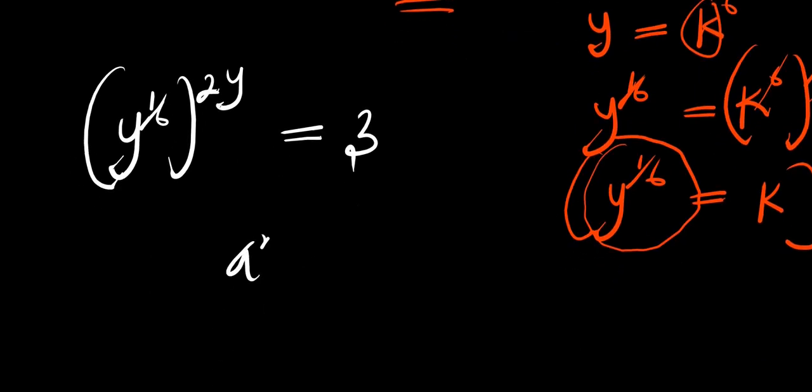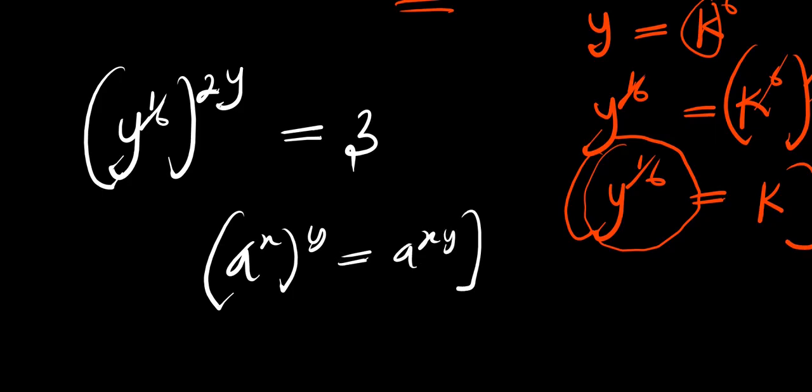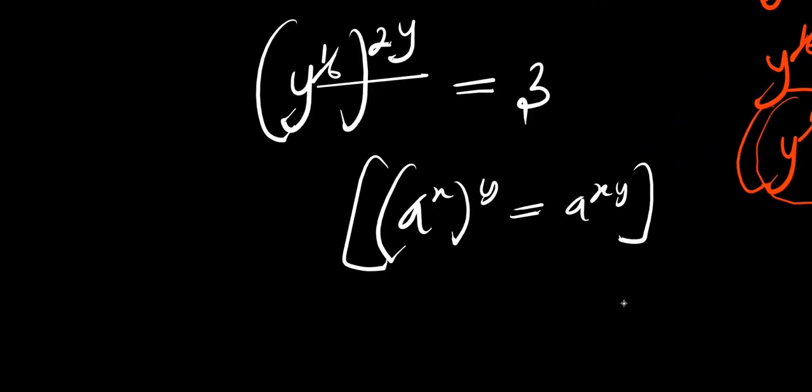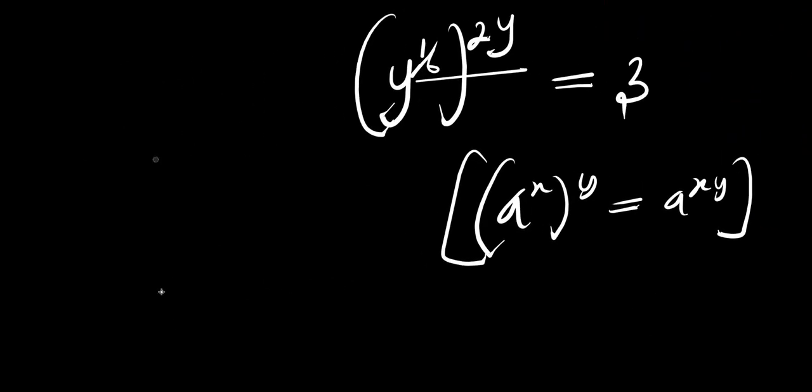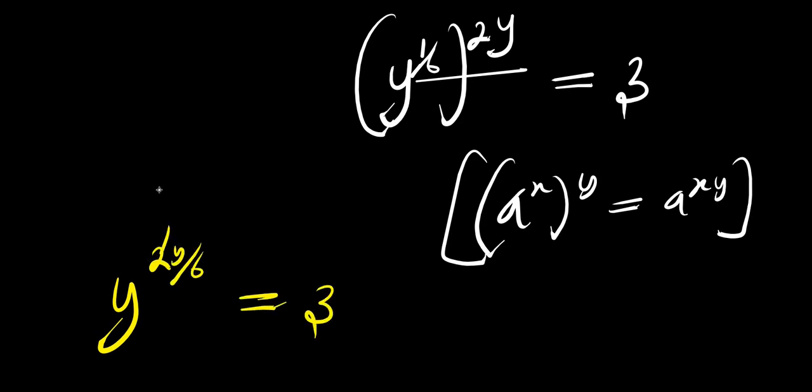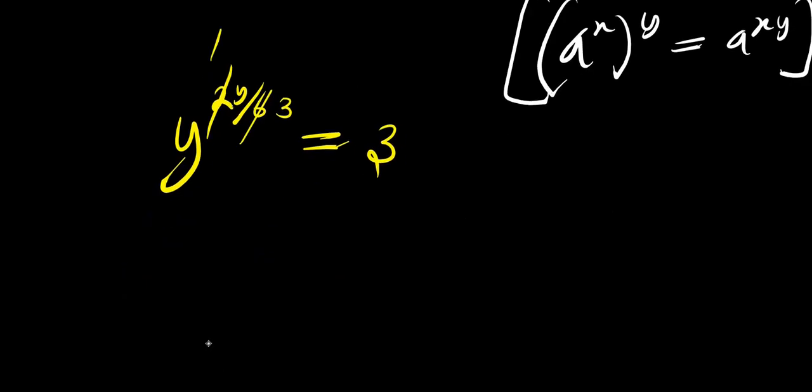And if you have a power x times y, you multiply the exponents, you have y power 2 times y over 6 equals 3. This cancels itself, 2 over 6 becomes 1 over 3. So you have y power y over 3 equals 3.